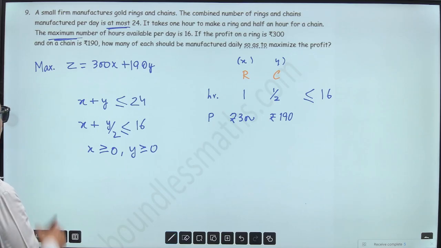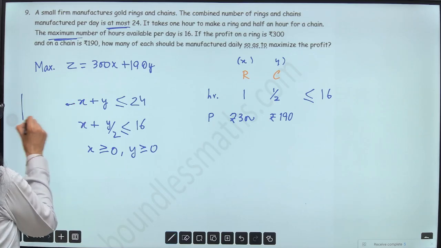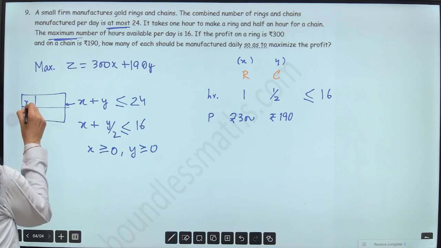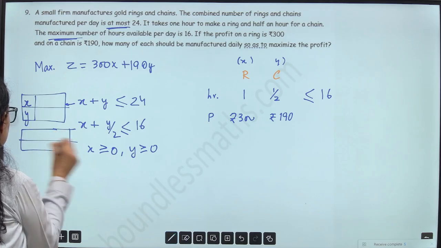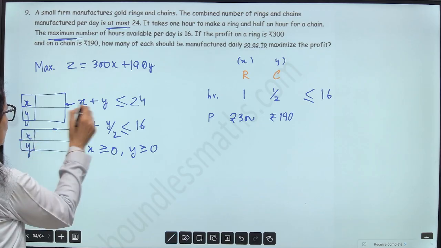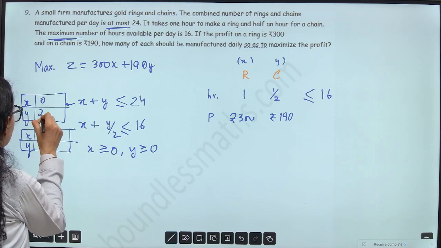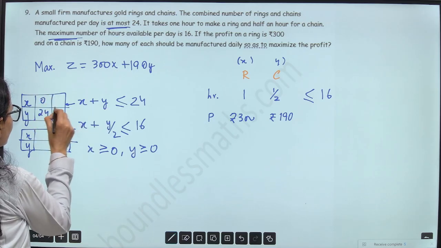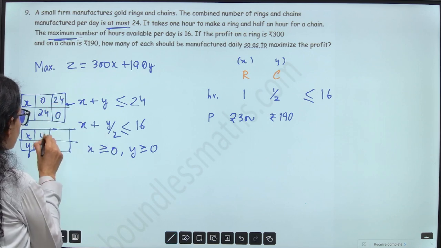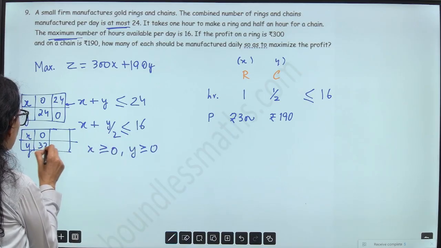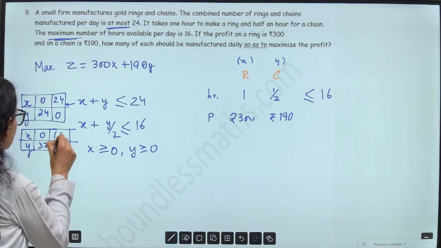Now how do we start solving? For both the explicit constraints, let's draw the xy table and plot them on the graph. So when x is 0, y is 24. When y is 0, x is 24. When x is 0, y is 32. And when y is 0, x is 16.